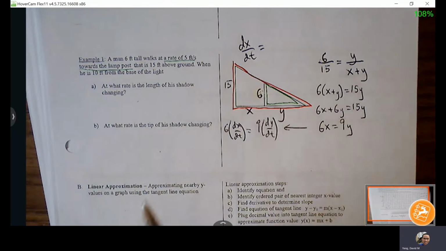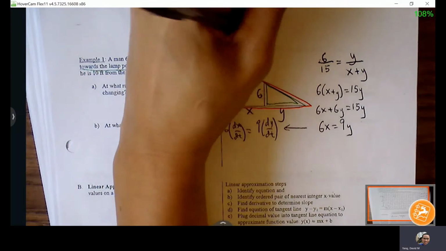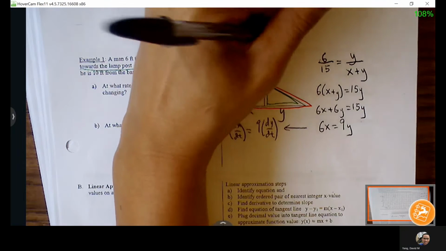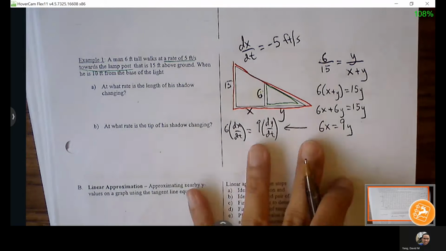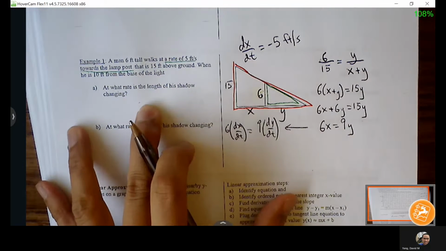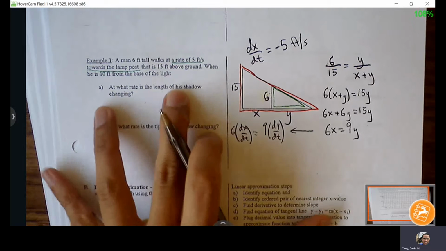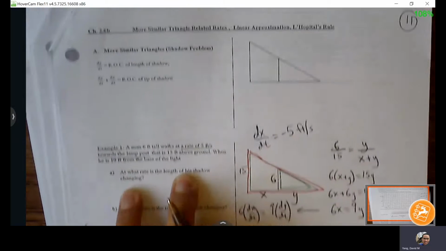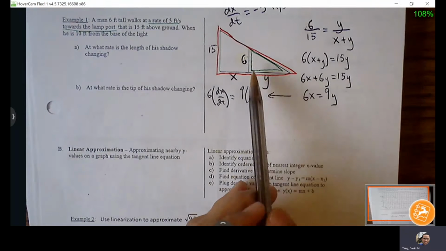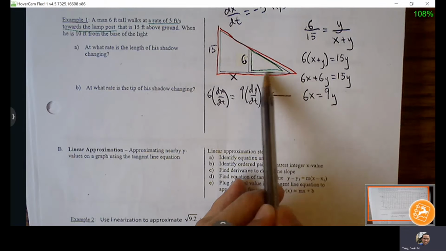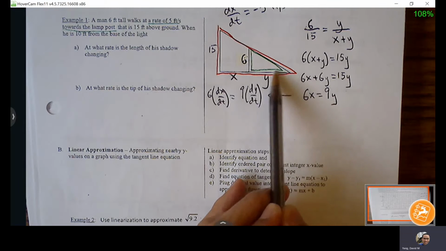Good, x is getting smaller. At what rate is the length of the shadow changing? The length of the shadow is defined as dy/dt. If you look at the diagram here, the shadow is that y value cast on the ground.